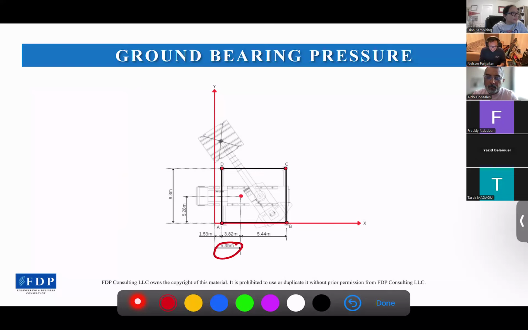The distance to point A here is 3.82 meters, because we have outrigger A located at 1.53 meters from the origin point. And the distance to the Y COG is 5.28 meters here.